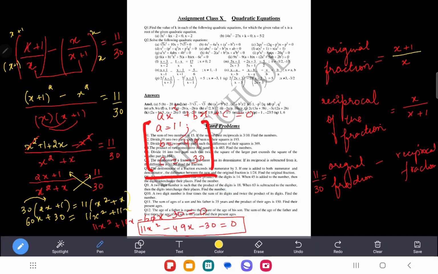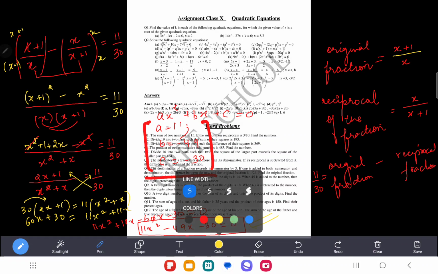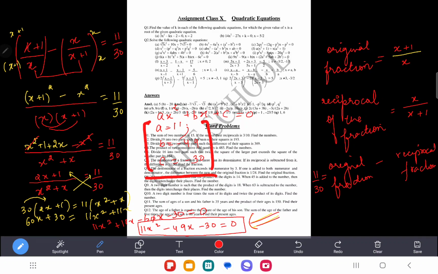So basically the challenge here is to do exactly what? Making the quadratic equation. That's the challenge. After that, solving is easier, isn't it? Do you understand my point?